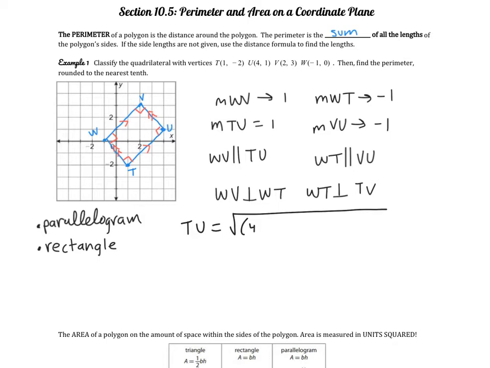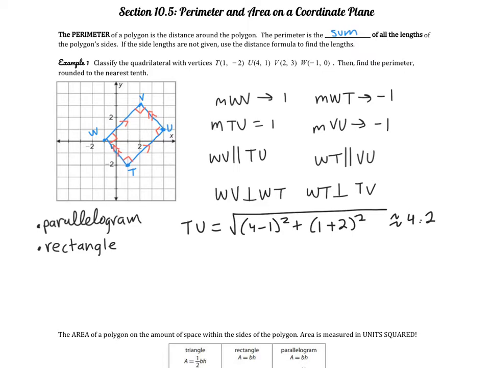So we could do x2 minus x1 squared plus y2 minus y1 squared. And again, this does say rounded to the nearest tenth, so we could just plug these into our calculator. So if you plug this into your calculator, you get approximately 4.2 if we're rounding to the nearest tenth.